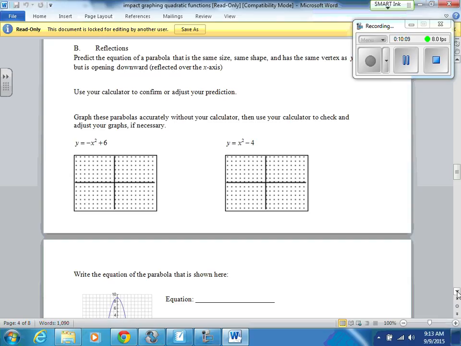What would that equation look like? Y equals negative x squared. Put that in your calculator or graph it on paper, whatever, and see if that's actually the same thing but flipped. Or you can graph it on your dry erase board if you don't use paper.